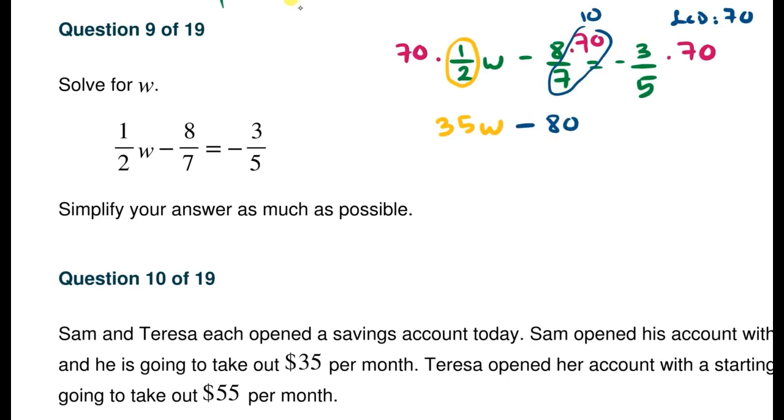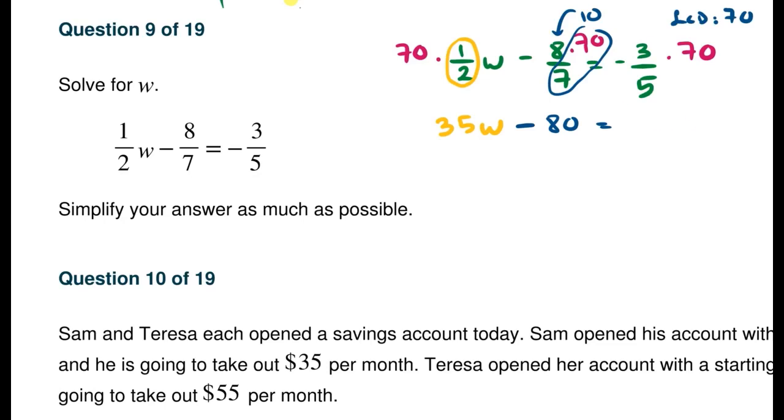One more time, 70 divided by 7 is 10, and then you have 10 times 8, which is 80. Over here we get 70 divided by 5, that will give me 12. No, 14. My bad, 14. And then 14 times 3, that will be negative 42.